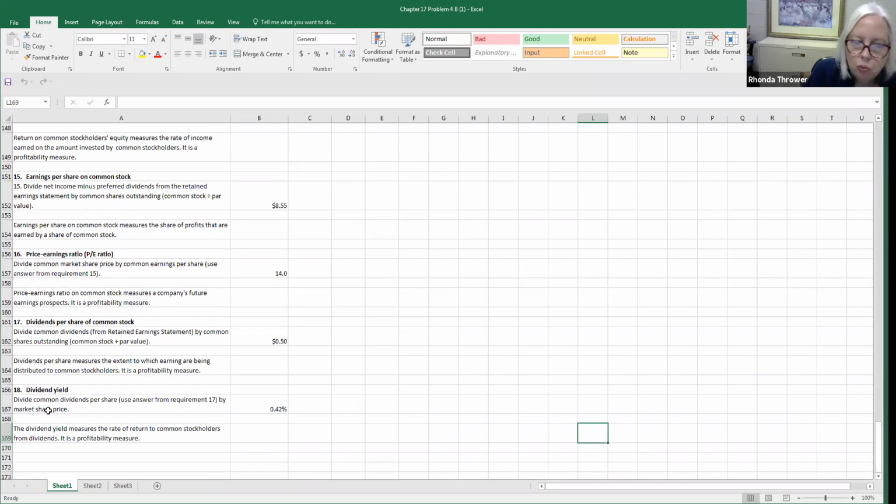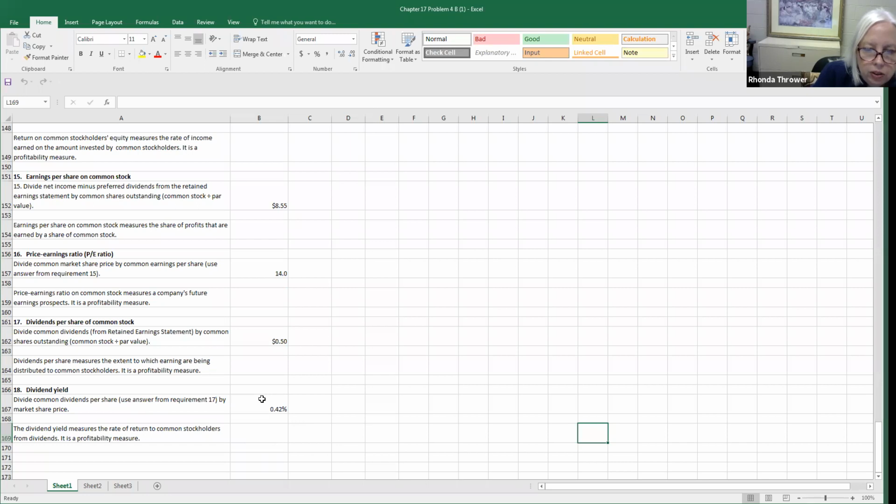And then yet there's one more. I thought there was just those two, but there's one more called the dividend yield. And for the dividend yield, we're going to take and divide the common dividends per share. What we found here, the dividends per share, we take this 50 cents and divide it by the market share price, which was given in your problem.